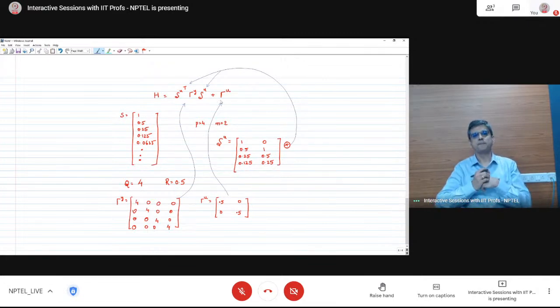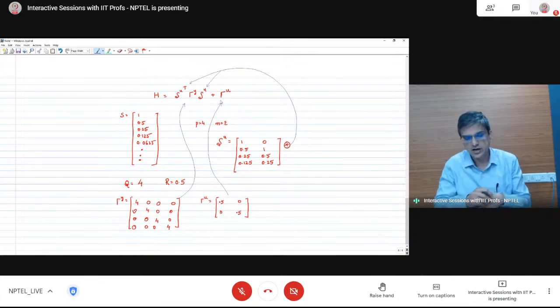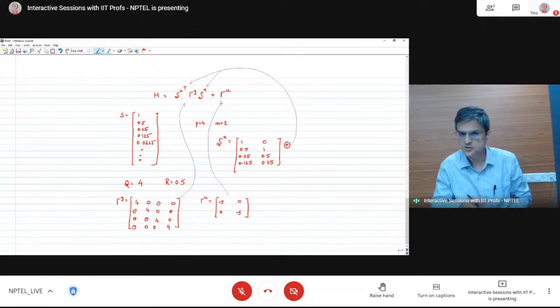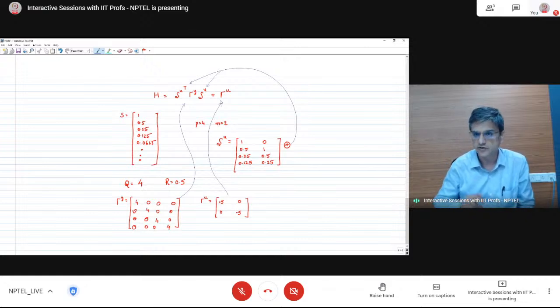That's your Hessian. You can do it with hand calculations if P and M are small. If P and M are large, you'll need to do MATLAB based calculations. You can even do it in Excel, or in any way that you find fit. The concept is not difficult. Coding may be a little bit involved, but conceptually it's quite straightforward.